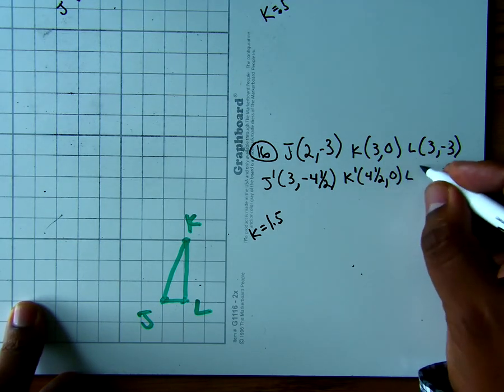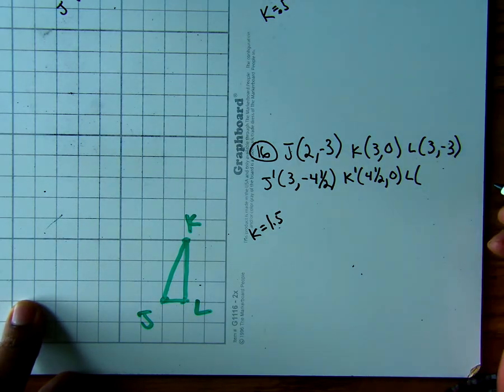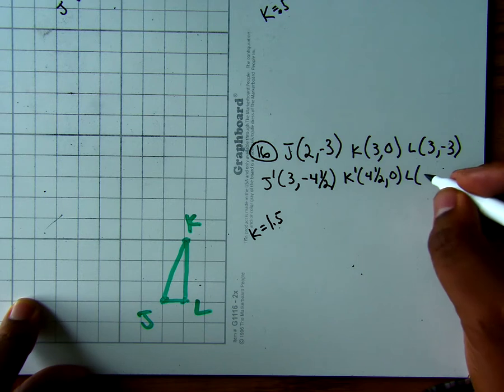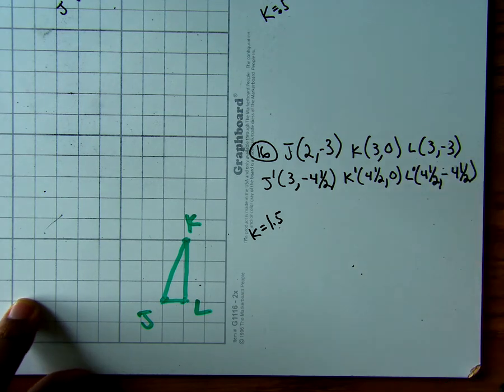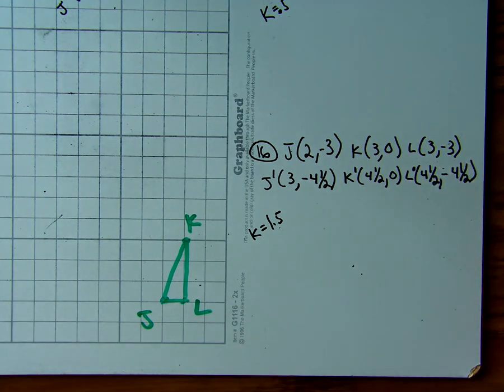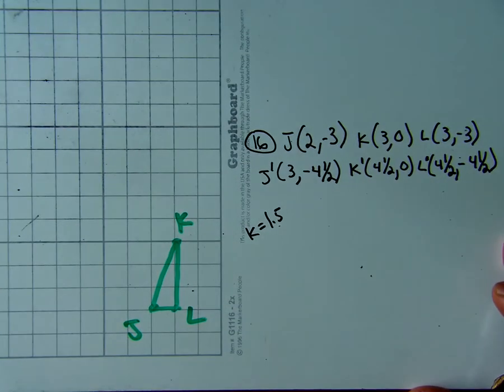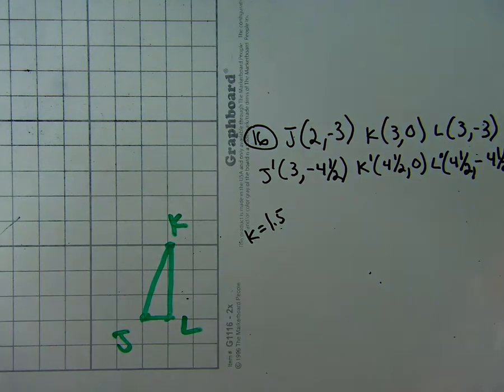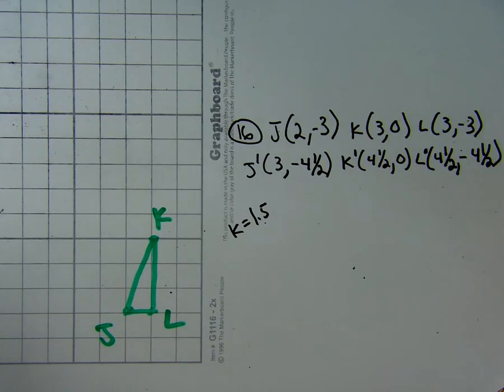Now we have our L. Multiply 1.5 times 3. That's going to get us a positive 4.5 next to a negative 4.5. Okay. And now we have our coordinates for our J, K, and L.